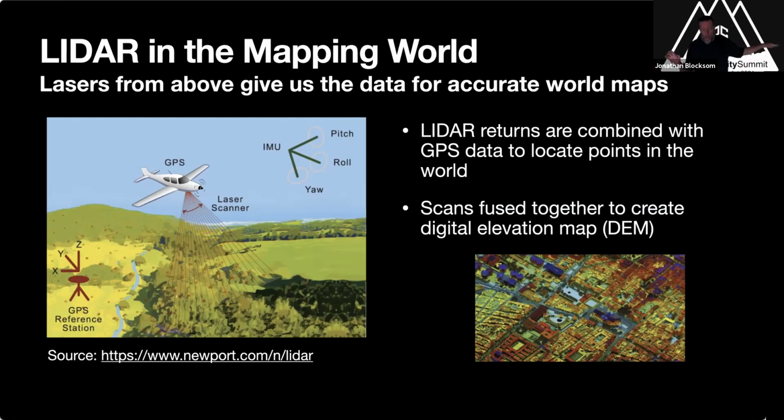The reason you had something on the ground recording your GPS, and then the GPS on the airplane, and not just the GPS on the airplane, is because to really get down to sort of the sub-meter accuracy that you would want for a map, you needed to compare the GPS on the ground that you knew was stationary with the GPS in the airplane. And there's a thing called a Kalman filter. It's a mathematical operation.